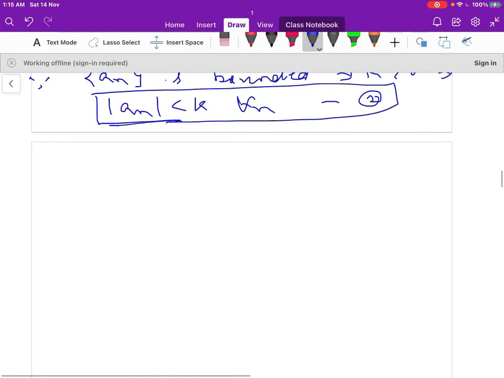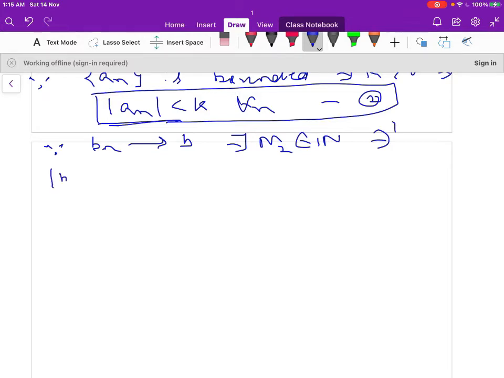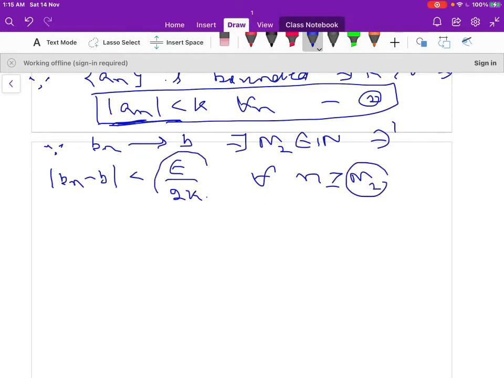Also, since bn is a convergent sequence converging to b, there exists N2 belonging to the natural numbers such that modulus of bn minus b is less than epsilon by 2 times k, where k is the upper bound of the sequence an, for all n greater than or equal to N2.